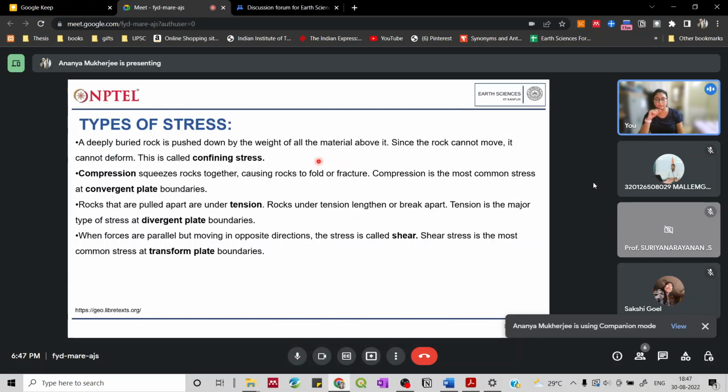So that would be compression. Then you have rocks being pulled apart by tension. Along one of the directions the tensional stresses are maximum, so the rock will break apart over there. And then you have shear. Due to shear we see transform plates, where the plates are brushing past each other, due to the shear directing in one direction and the other direction.